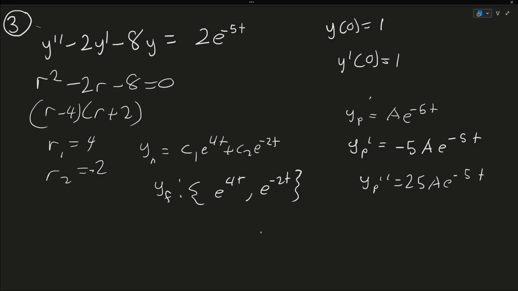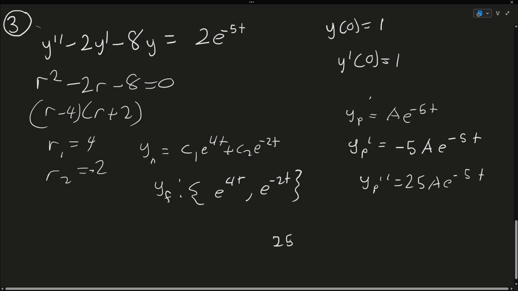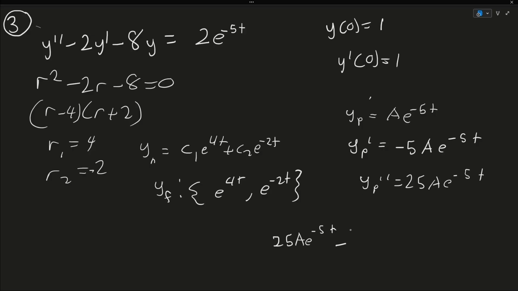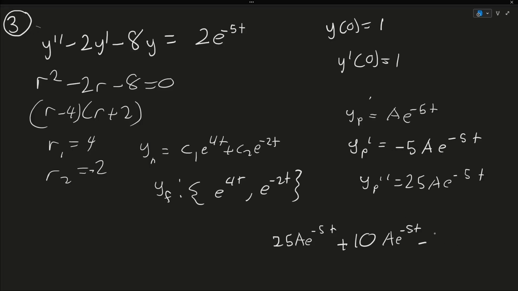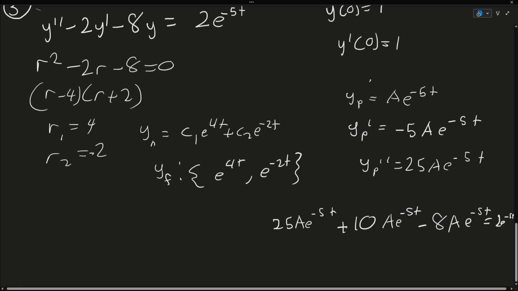Now let's go ahead and plug that into the differential equation. 25a e to the minus 5t minus 2 times y prime, so it will be minus 2 times minus 5, which means it's plus 10a e to the minus 5t, minus 8 times yp, which is a e to the minus 5t, equals 2 e to the minus 5t.